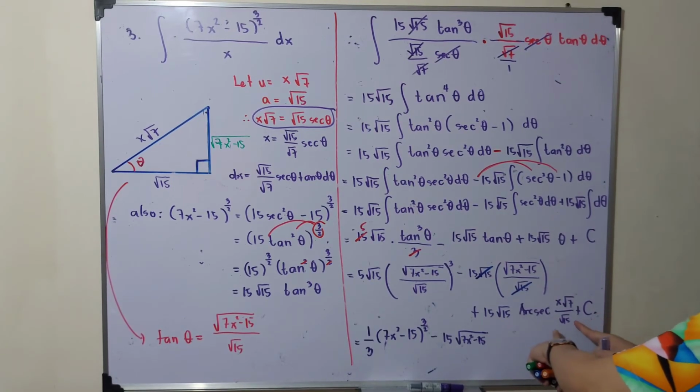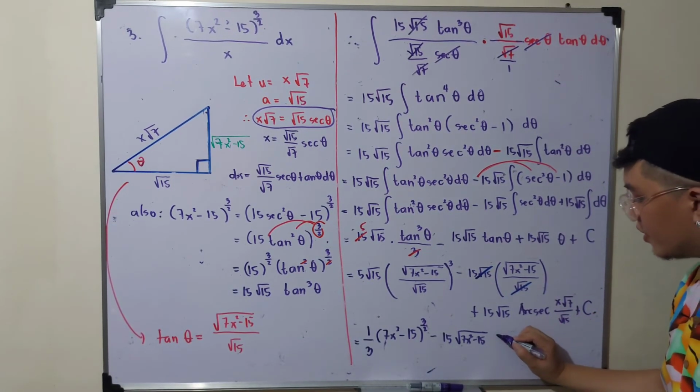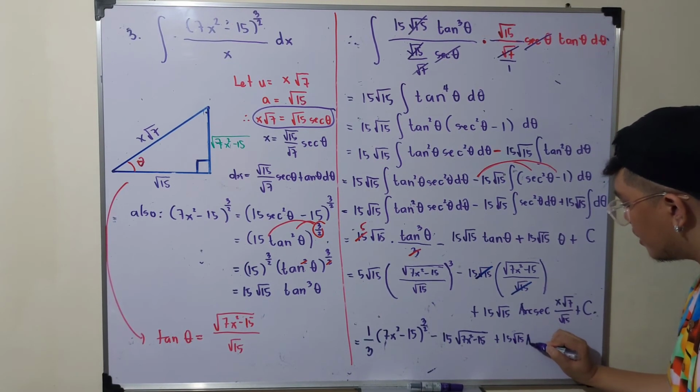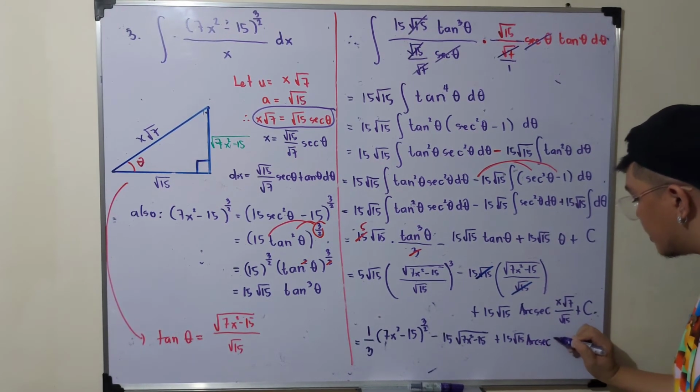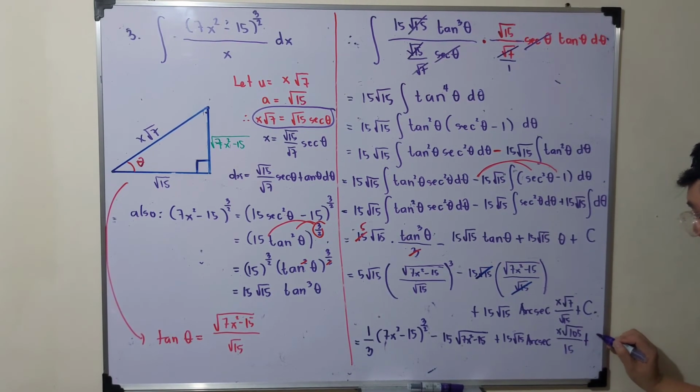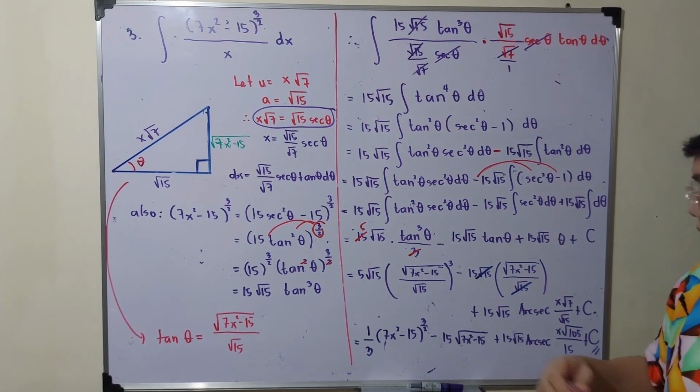And then the last term, i-rationalize natin to. We have plus 15 square root of 15 arcsecant x square root of 105 over 15 plus capital C. So ito na guys yung final answer.